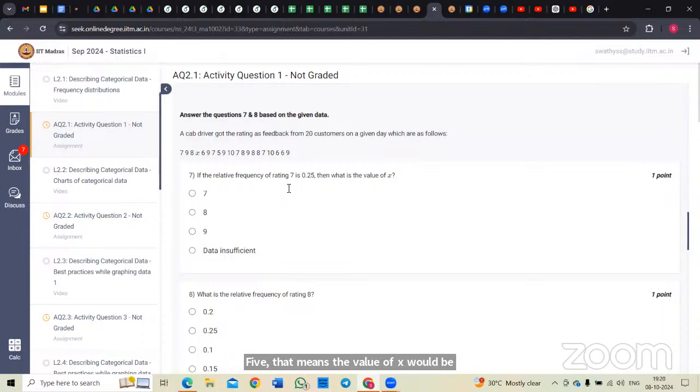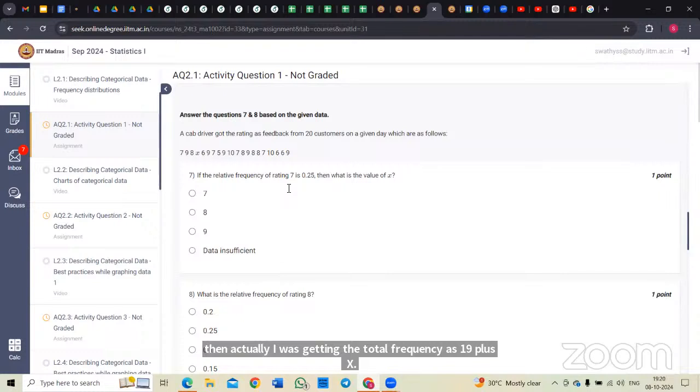Ma'am, can we try doing it another way? I made the frequency table of all these numbers from 5 to 10, and I was getting the total frequency as 19 plus x. So I think the answer was not coming right because my total frequency was 19 plus x.